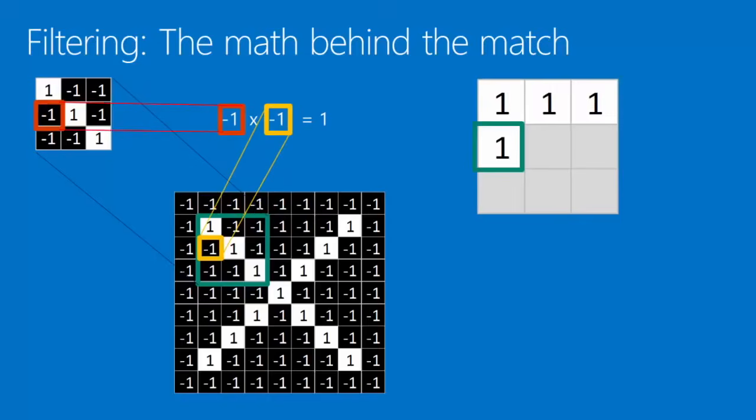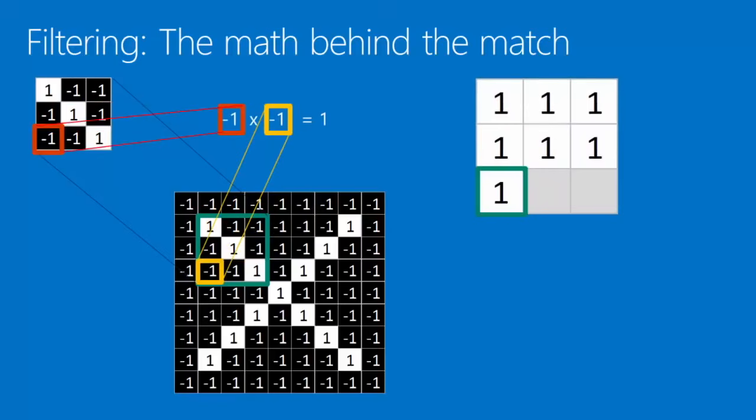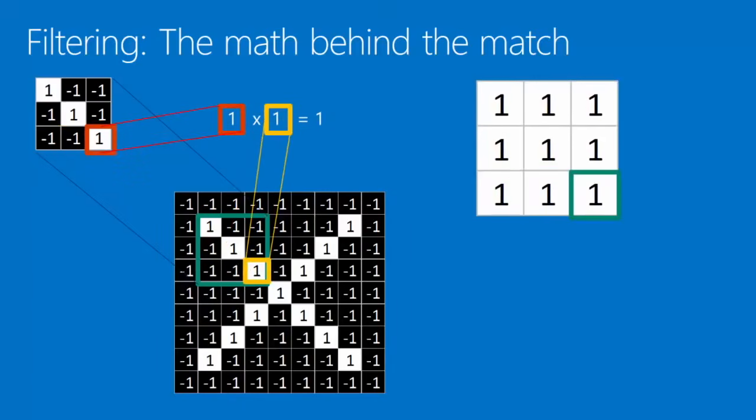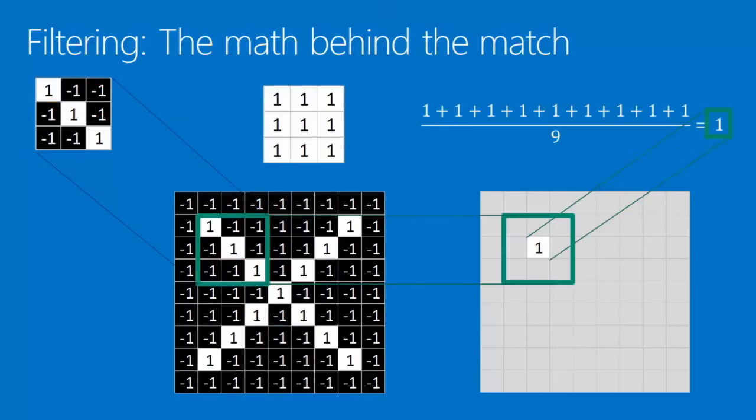And we continue to step through, pixel by pixel, multiplying them all by each other, and because they're always the same, the answer is always 1. When we're done, we take all these 1s and add them up and divide by 9, and the answer is 1. So now we want to keep track of where that feature was in the image, and we put a 1 there. Say, when we put the feature here, we get a match of 1. That is filtering.